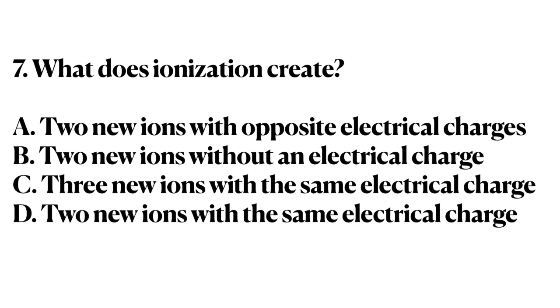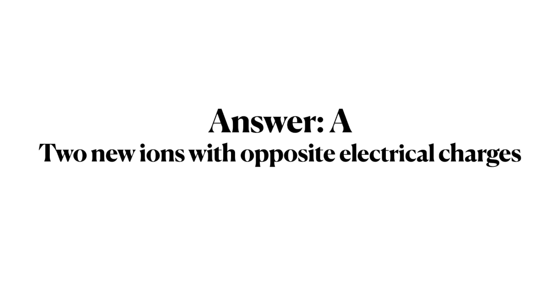B. Two new ions without an electrical charge. C. Three new ions with the same electrical charge. D. Two new ions with the same electrical charge. Answer A. Two new ions with opposite electrical charges.